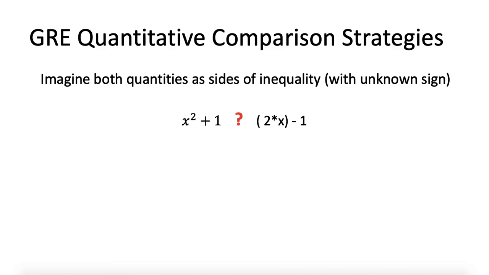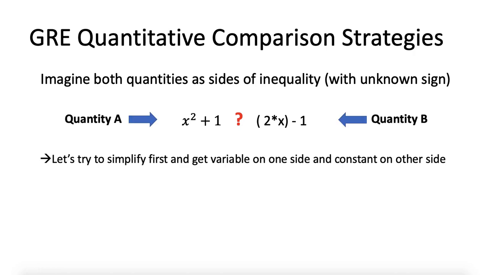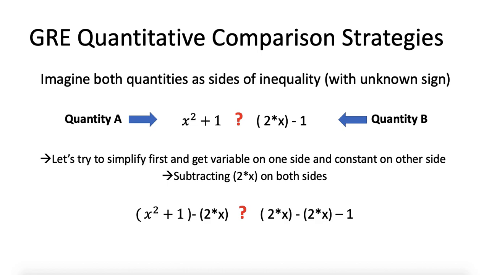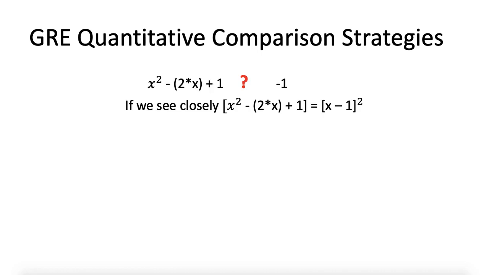So to simplify this, if I subtract 2x from both sides, on the left side I will get x square plus 1 minus 2x, and on the right side I will get minus 1. Now if you see this closely, on the left side this is becoming a formula, x minus 1 whole square, and that is equal to x square minus 2x plus 1. So on the left side now I have x minus 1 whole square, and on the right side I have minus 1.